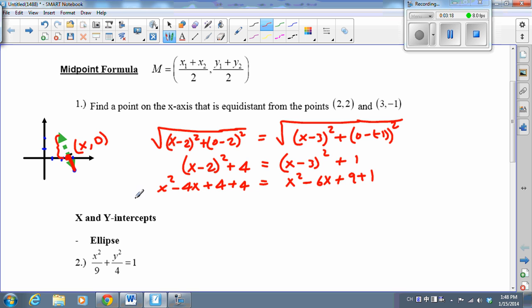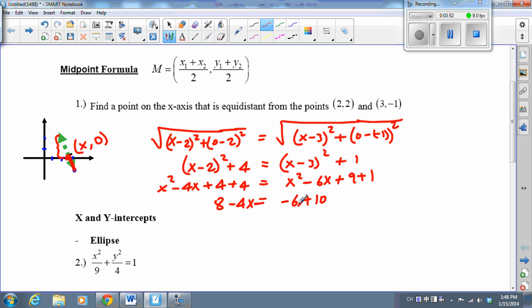If you rearrange this, you will first notice that the x squared and this x squared will go away. I will end up with negative 4x plus 8 equal to negative 6x plus 10.